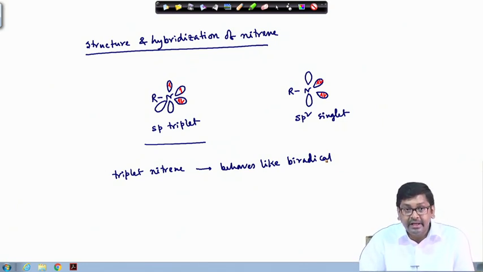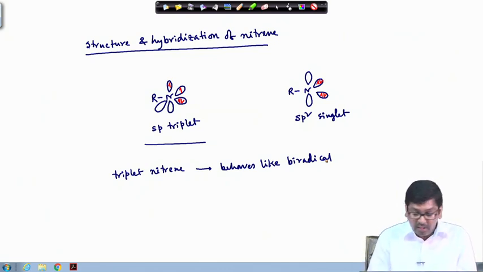So, in that case obviously spectroscopically this can be understood, or experimentally this can be examined, whether this triplet nitrene has formed or not. Through spectroscopy also we can measure this triplet nitrene.